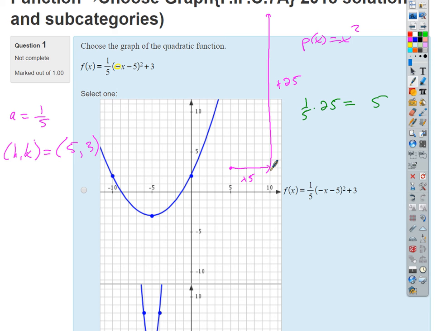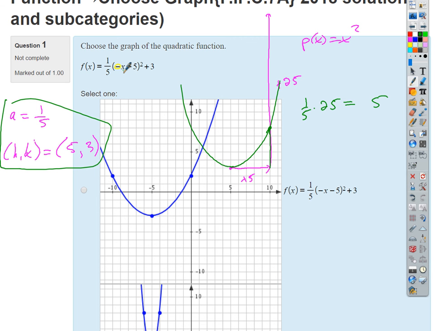Okay, so we're only going to go up 1, 2, 3, 4, 5. So there's going to be that point, right? And our graph is going to be kind of a wider version, isn't it? Everybody agree? That takes care of all that stuff, doesn't it? We got our vertex, and we've squished it so it's only 1/5 as tall, right?